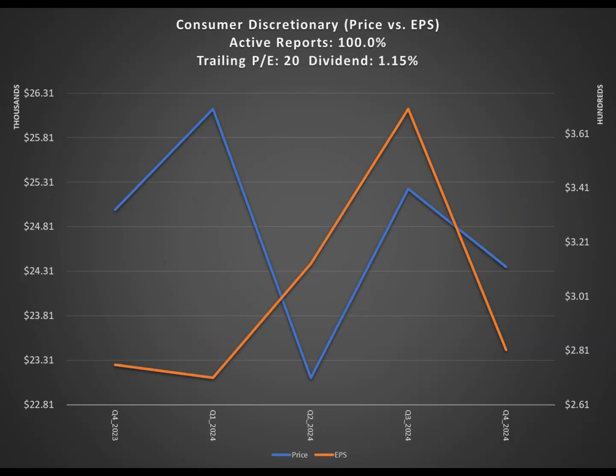Consumer discretionary sub-industries. Hotels, resorts and cruise lines. Broadline retail. Automotive parts and equipment. Automotive retail. Computer and electronics retail. Casinos and gaming. Restaurants. Footwear.